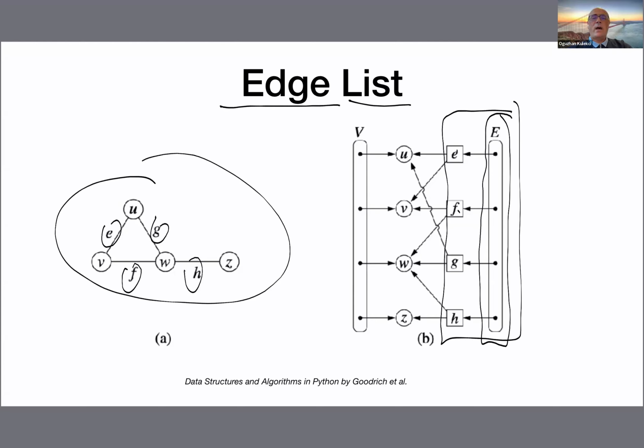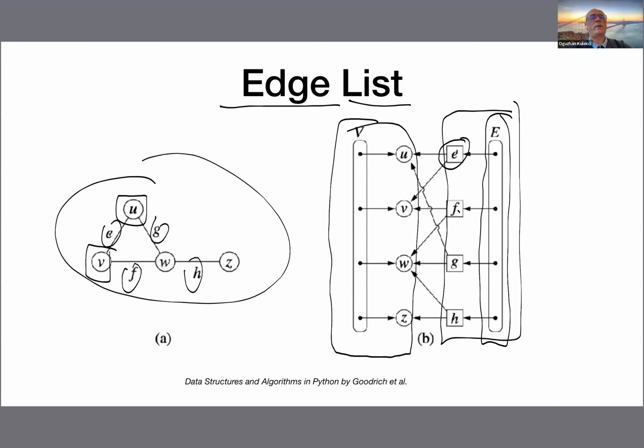For each edge, it connects two vertices, two nodes. For instance, edge E is connecting U and V. So you may assume that I have another list of vertices, and this one has U, V here.